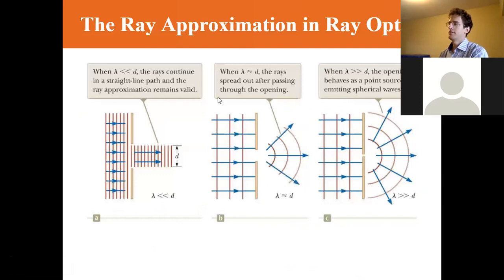So here is an early preview of the effects of diffraction. Basically it's saying that given a spacing that's small enough, the light that comes out on the other side emerges as if the slit was a point source.